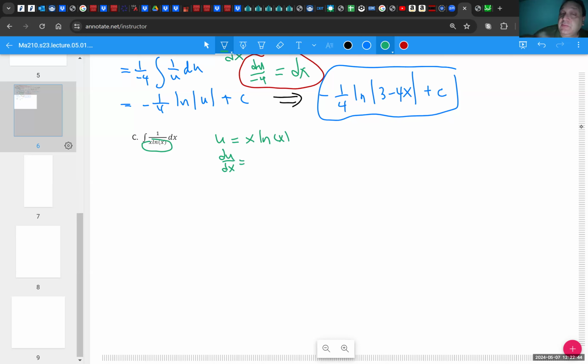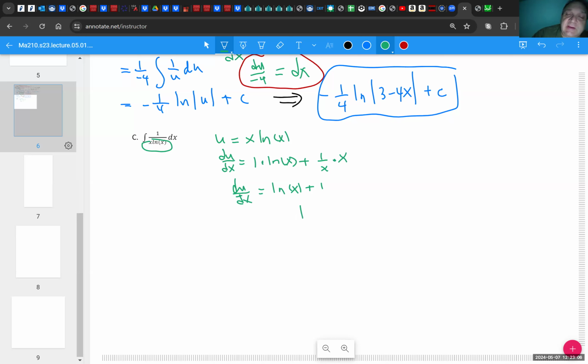This is a product rule, so I have to differentiate the first times the second plus the derivative of the second times the first. So I get du over dx is equal to ln x plus 1. And I can just move things around and multiply by dx and divide by ln x plus 1.